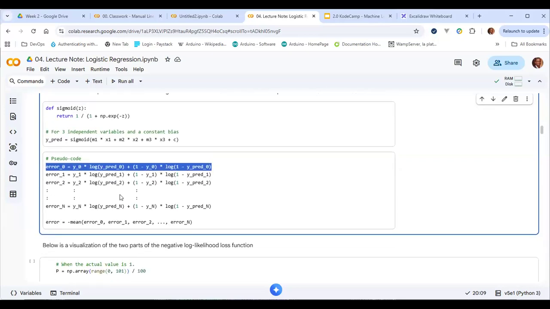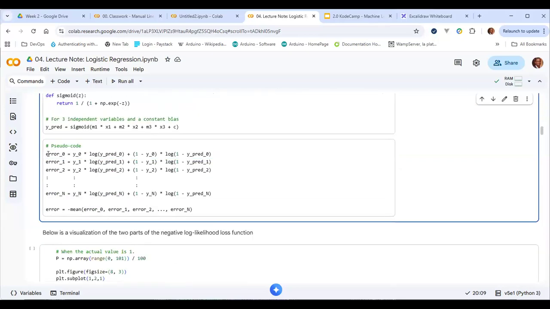The total error for a data point is the loss for predicting y0, the first data point, and this is the error for the second data point, and so on.